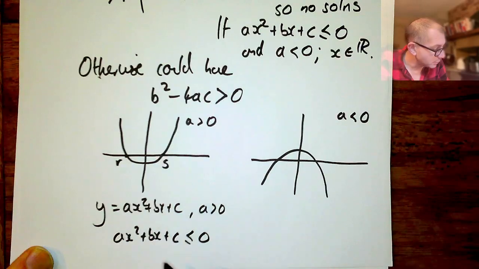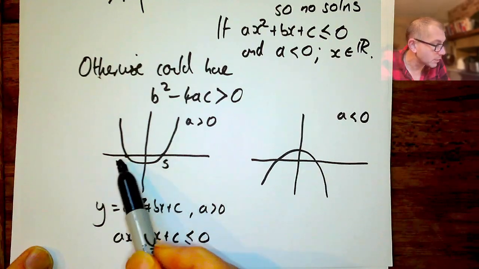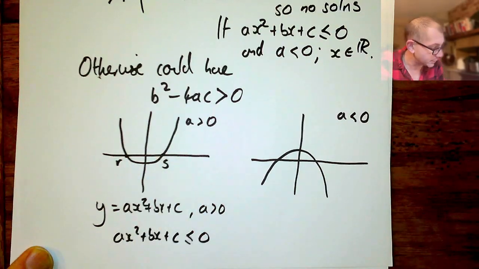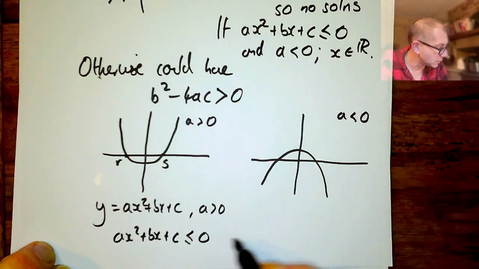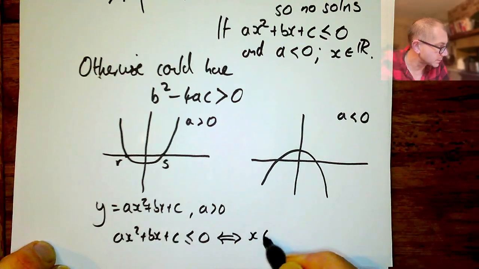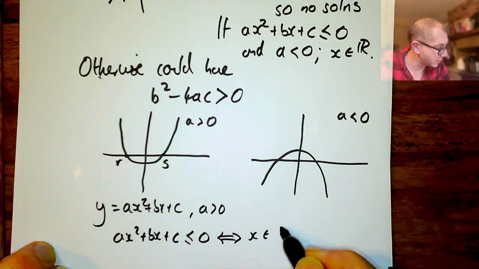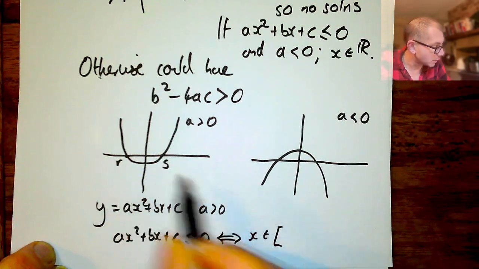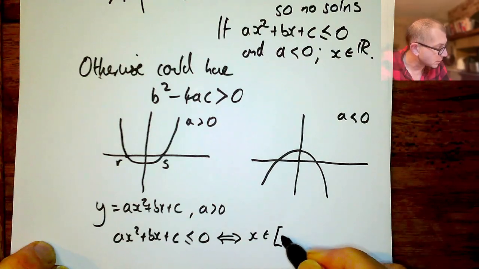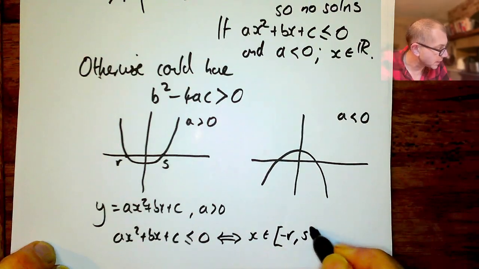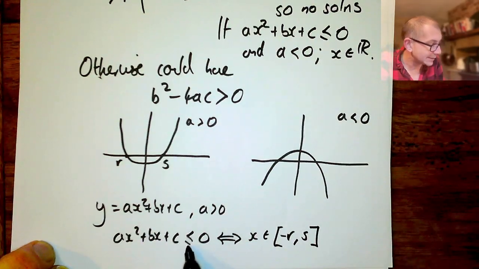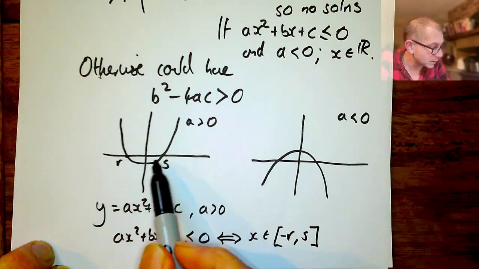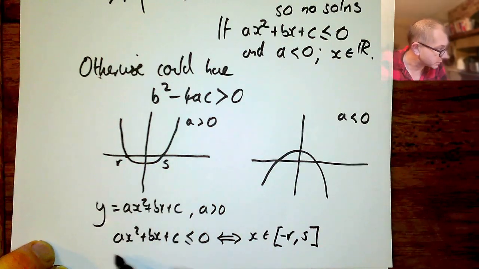Then I know where this is less than or equal to 0: just between these two values. So less than or equal to 0 is if and only if x is in the interval between r and s, so that's [r, s]. And because it's less than or equal to 0, I do include the two endpoints.